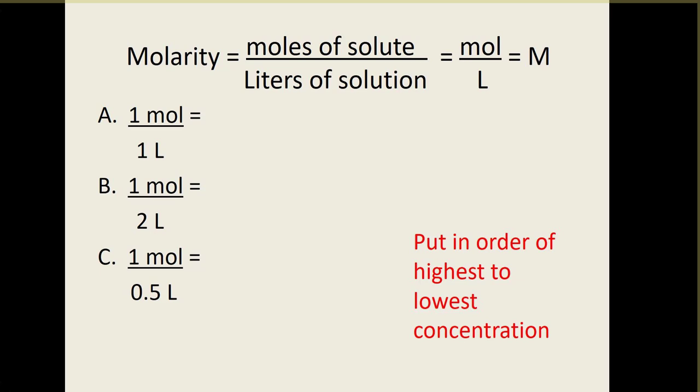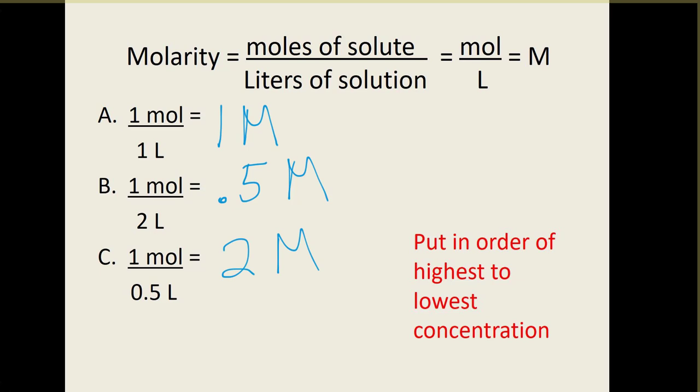So in A, 1 mole divided by 1 liter would be a 1 molar solution. If I were to double the size of my container, 1 divided by 2 liters would be 0.5 molar concentration. And if I were to use an even smaller container, I would get 1 mole divided by 0.5 liters, 2 molar concentration.